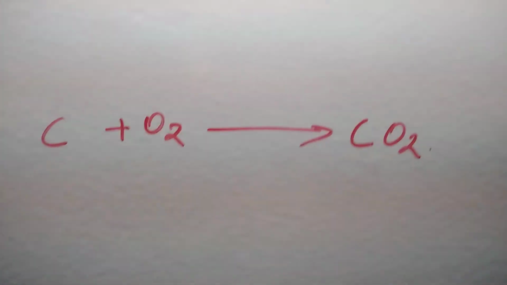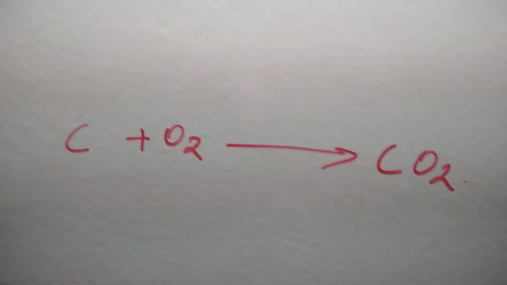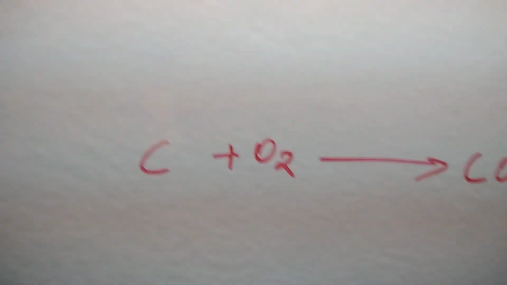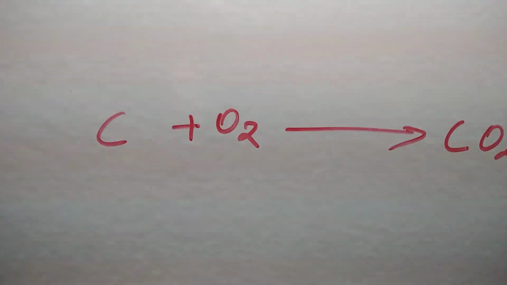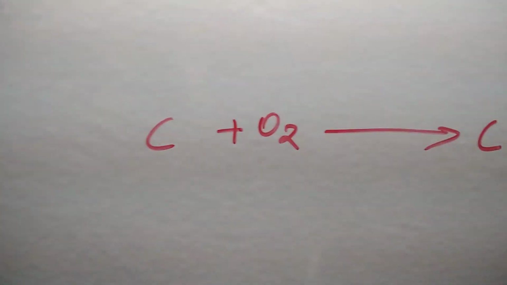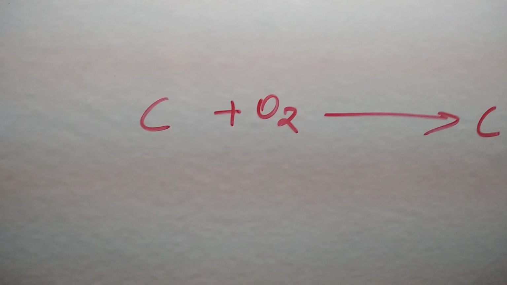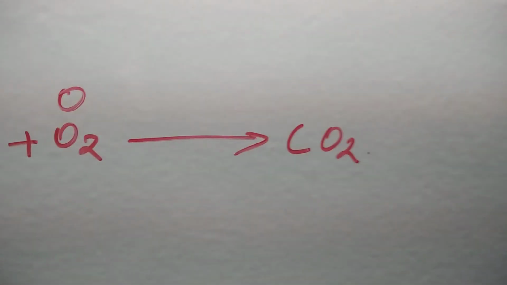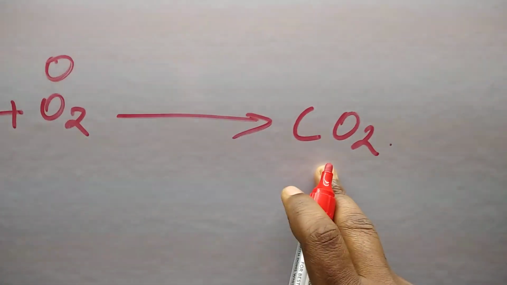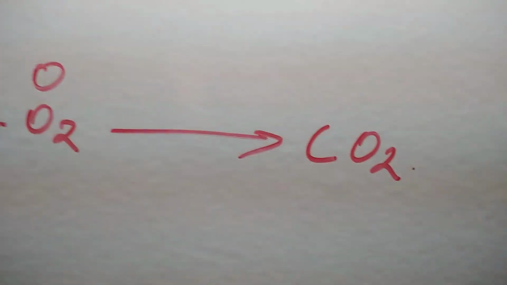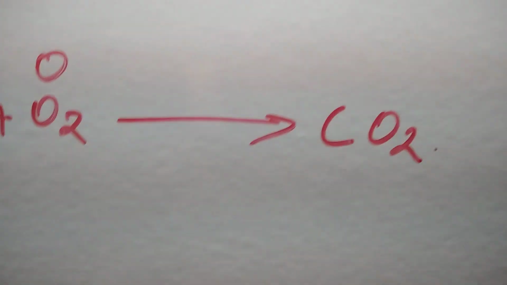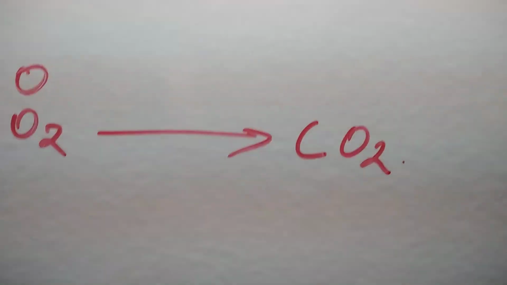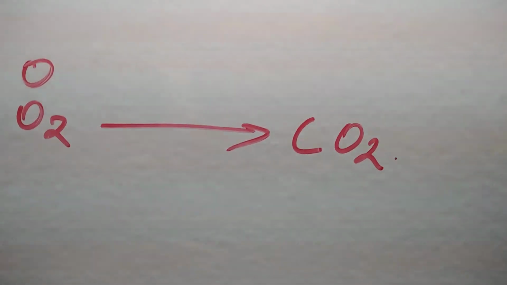See, carbon dioxide. See, carbon and oxygen on the reactant side are both in molecular form. That means 0 charge. So put it 0. But here we don't know the charge of carbon. How will we know? Because carbon dioxide is not an ionic compound, it is a covalent compound.